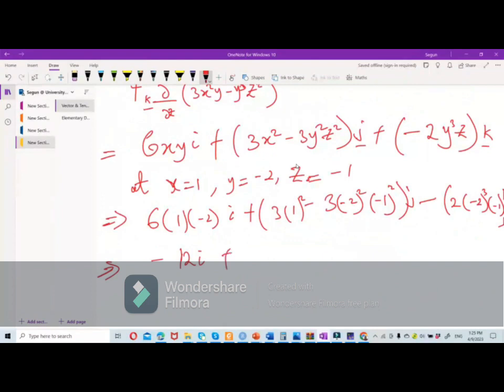Plus, 1 square is still 1. So you have it to be 3 minus 12 j minus, this is minus 8, minus times minus 1 positive, you have 16k.